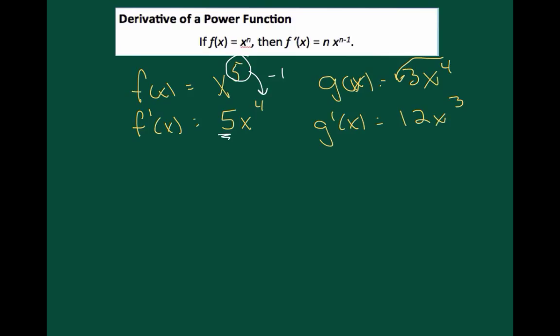Let's try one more just for good measure. h of x equals 7x to the negative 3. The derivative is going to equal negative 21, because that's 7 times negative 3, x to the negative 4, because this time when I subtract 1 from negative 3, it becomes negative 4.